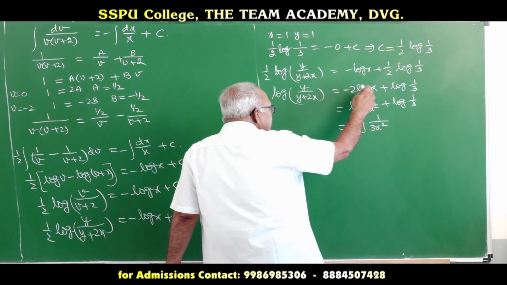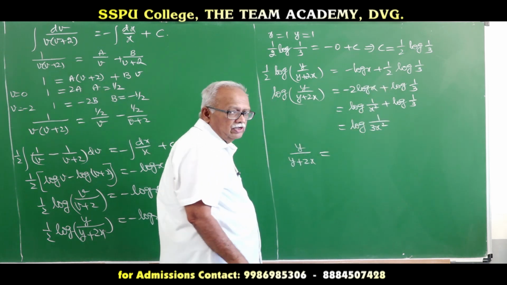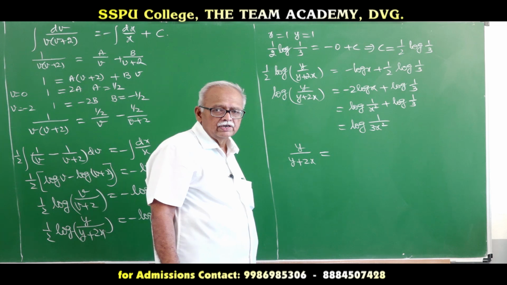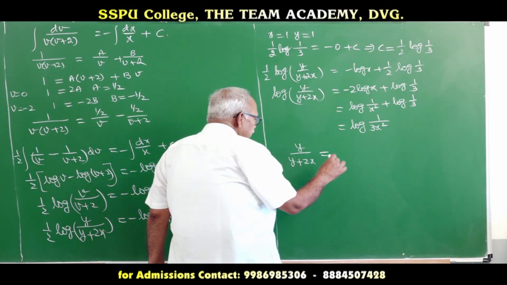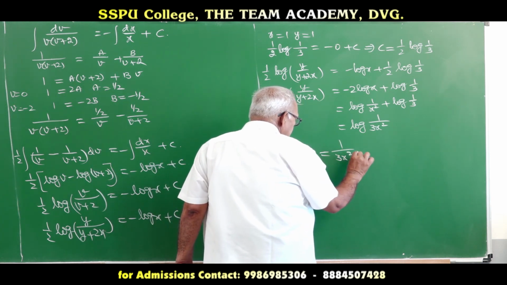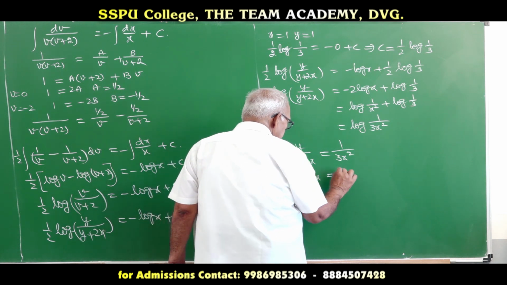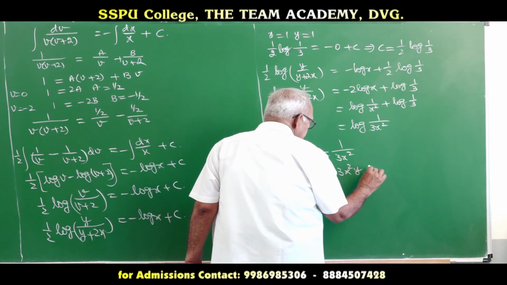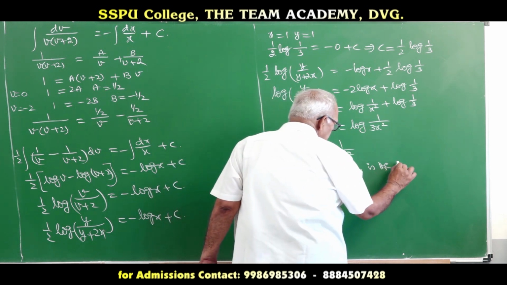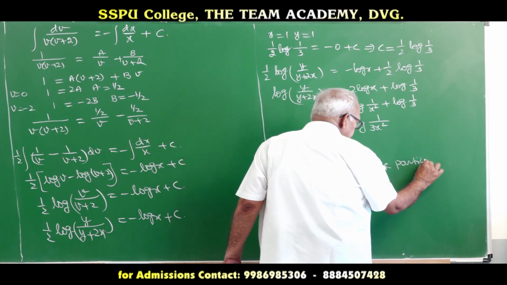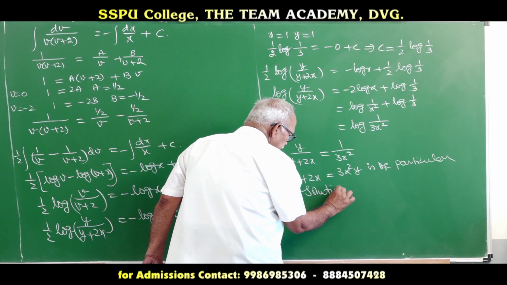So, here this will become x power minus 2, which is 1 by x square. We get x power minus 2 when you take minus 2 inside the logarithm. Now, this is equal to 1 by 3x square. So, y by y plus 2x is equal to 1 by 3x square, that is, y plus 2x is equal to 3x square y. This is the particular solution for this.